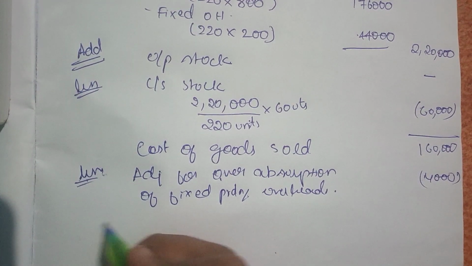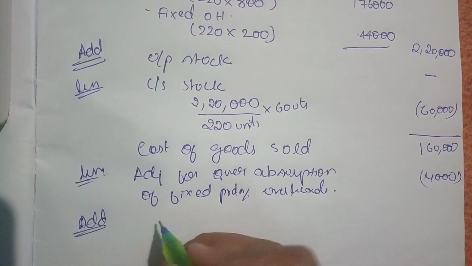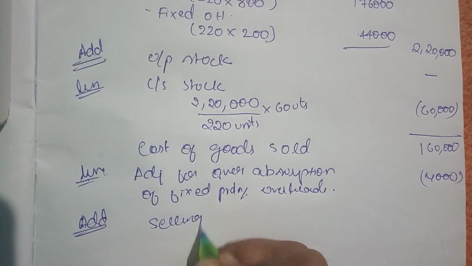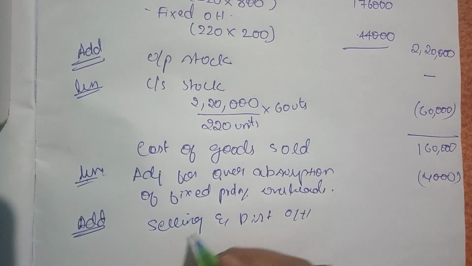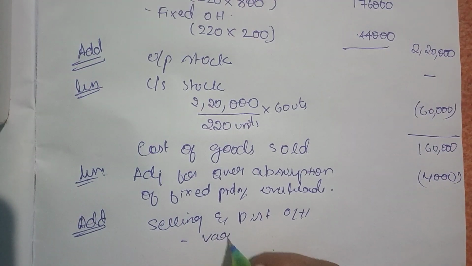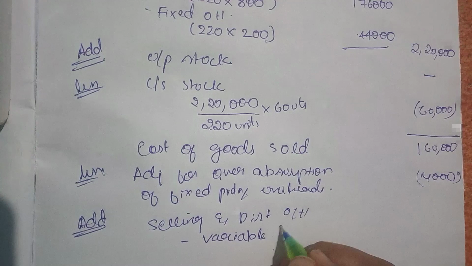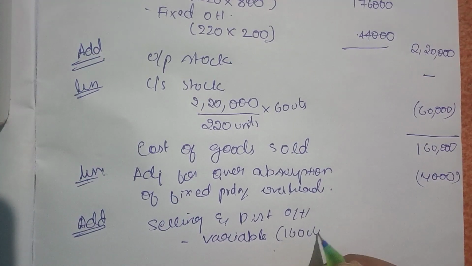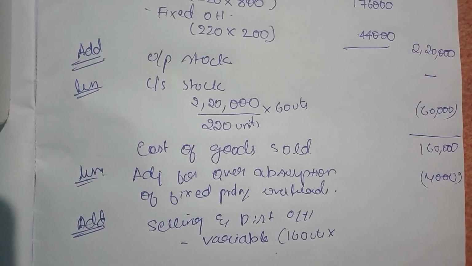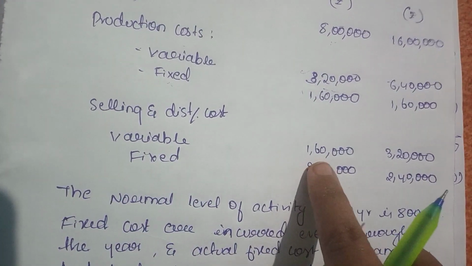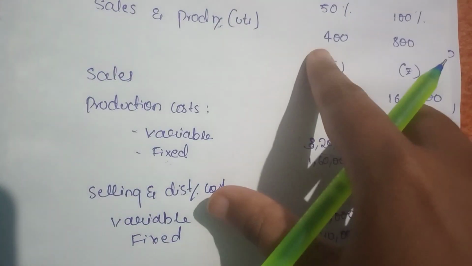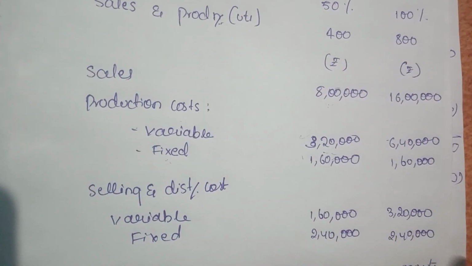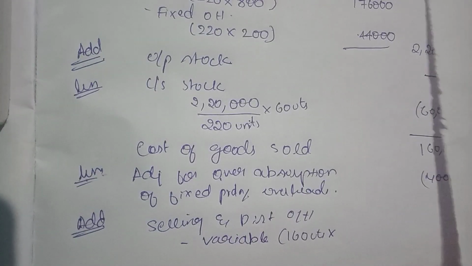And the next add is selling and distribution overheads. In this, again they have given variable, so 160 units we have sold for that, and variable 1,60,000. Again this is for 400 units. 1,60,000 divided by 400 will get the per unit, that will be 400.